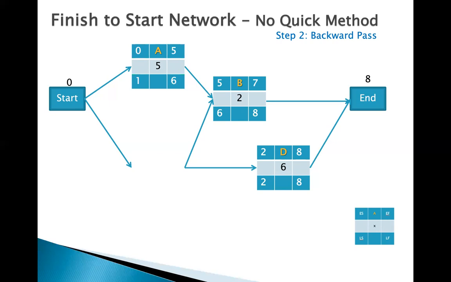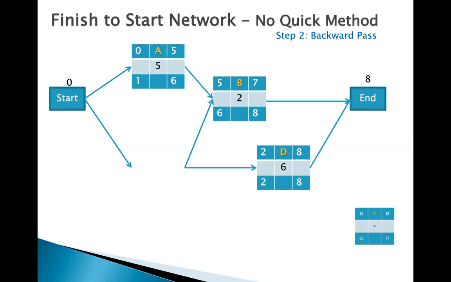Now, how can we calculate the late schedule of activity C, as in Charlie, which is the next one? Remember that now we have 2 options, 2 late starts, and we need to select which one, 6 or 2. Remember, we are doing the backward pass.